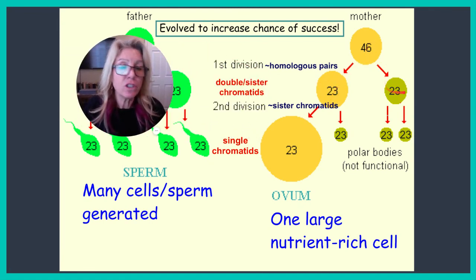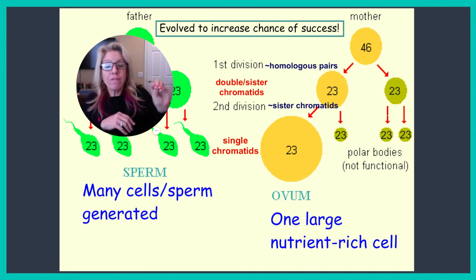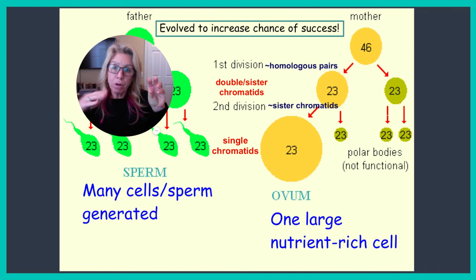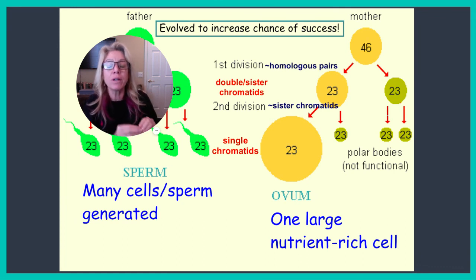In the first division, yes, we separate the homologous pairs, but our cytokinesis is uneven, and this is why. Once the egg ovulates, it's going to take some time for the sperm to come and fertilize that egg. It's got to then travel down the rest of the oviduct into the uterus and embed somewhere in the uterus in order to get some nutrients again.